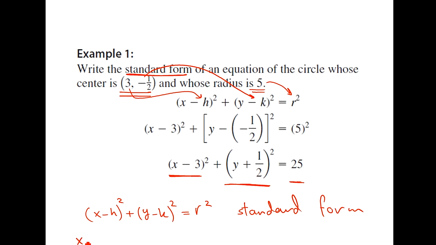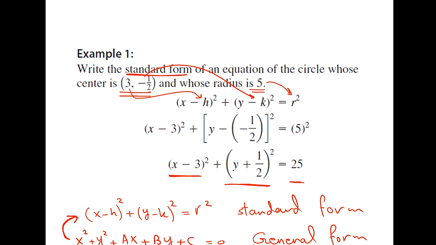But we have x square plus y square plus ax plus by plus c equals 0. This is the general form. Now, how can we convert from general form to standard form?